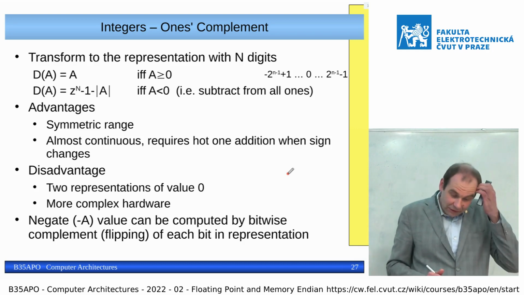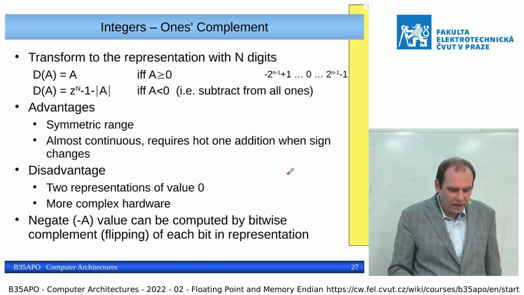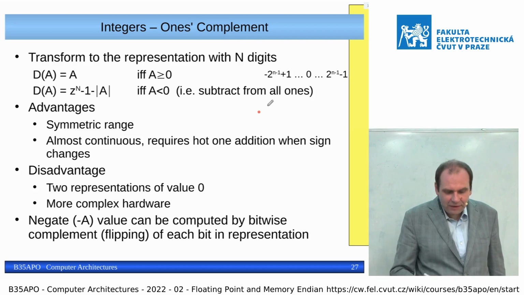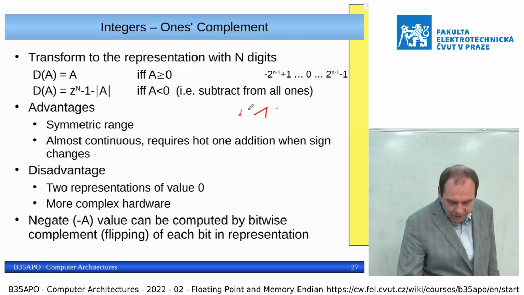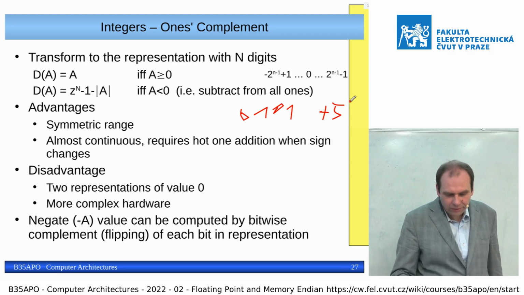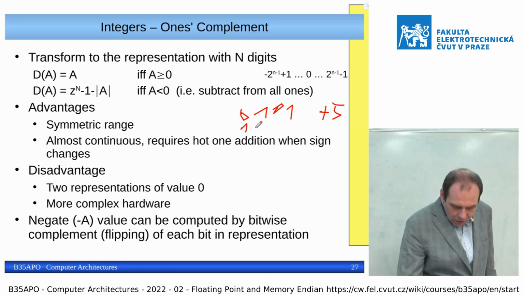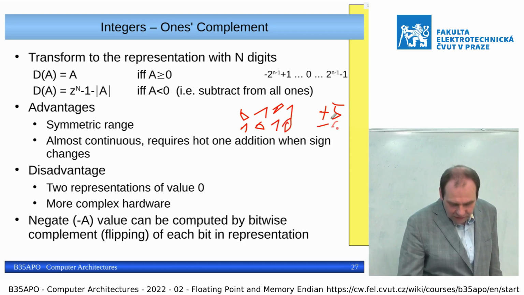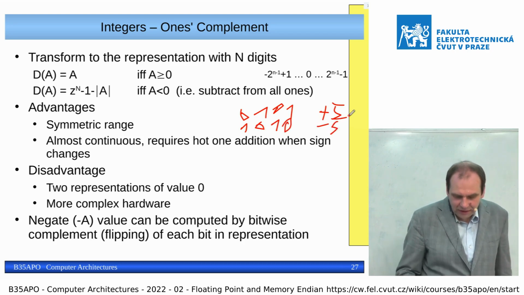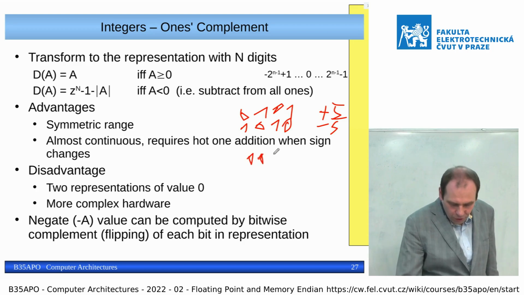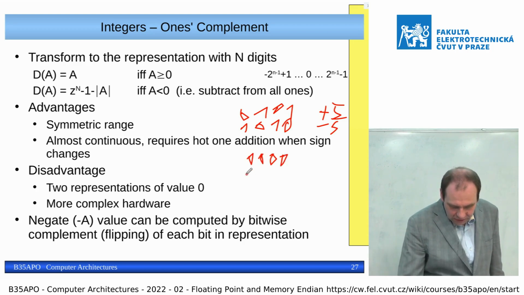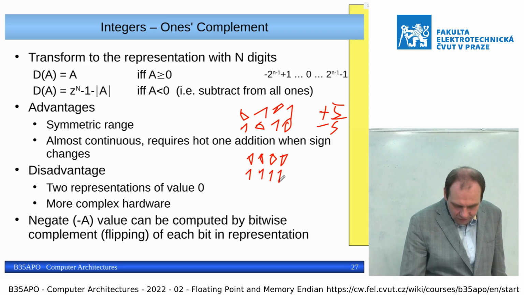Then there is one representation which is called one's complement. It has a big advantage that if we have some number 0, 1, 0, 1, for example, which is +5, and we want to make a -5 from it, then we know that we only negate individual bits. But it has a disadvantage that if we have all zeros, then the negated value is 1, 1, 1, 1.